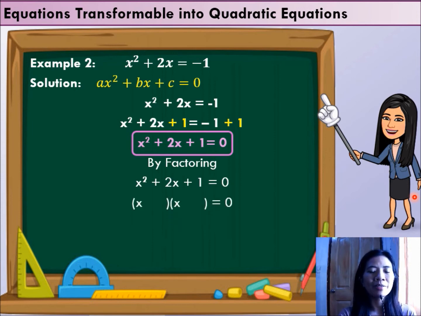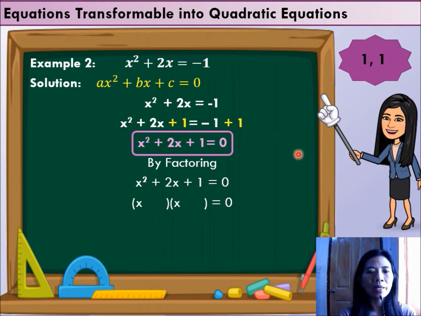So first, think of the two numbers whose sum is 2 and whose product is 1. Again, think of the two numbers whose product is 1 and the sum is 2. Okay, we have positive 1 and positive 1. To check, 1 times 1 is 1.